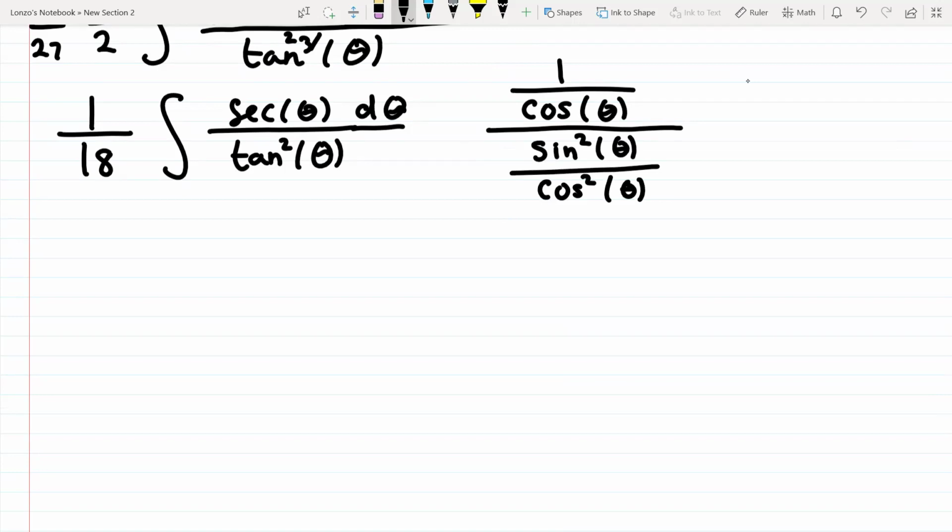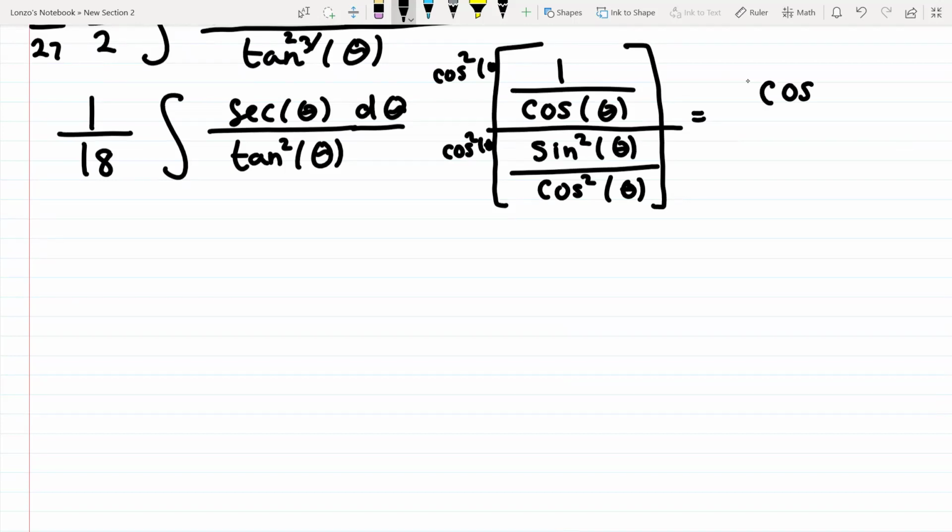Okay, we have a complex fraction, so we can simplify this. It looks like our LCD is cosine squared theta, so you're going to multiply the numerator and denominator by cosine squared theta. Cosine squared theta times 1 over cosine theta is just cosine theta.